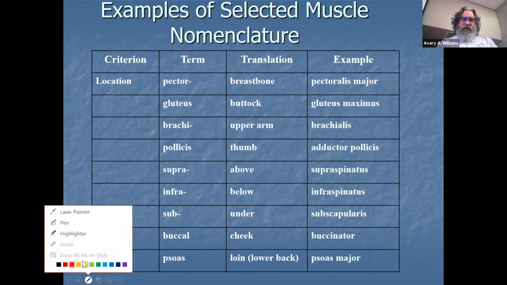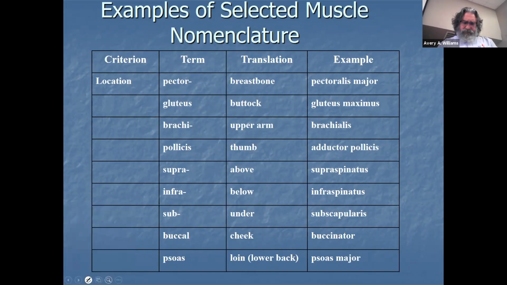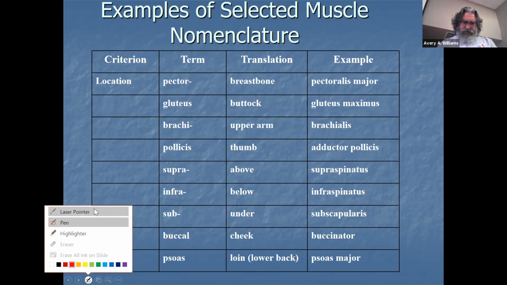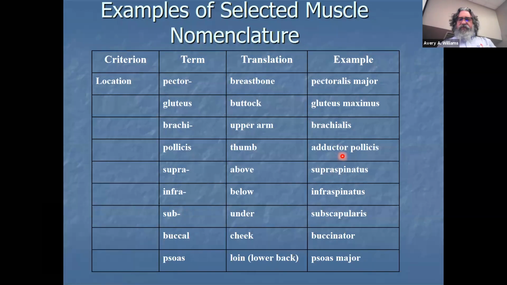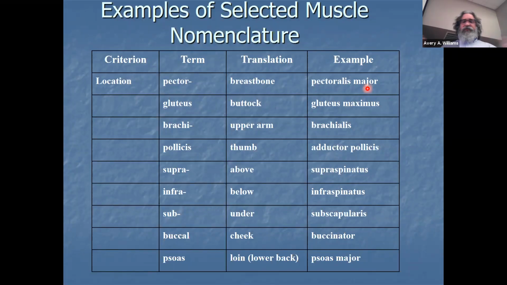And so a test question could very well give you a list of muscles, like the buccinator, the subscapularis, the brachialis, and the pectoralis major were all named according to their what? So location, fascicular orientation, size, whatever.